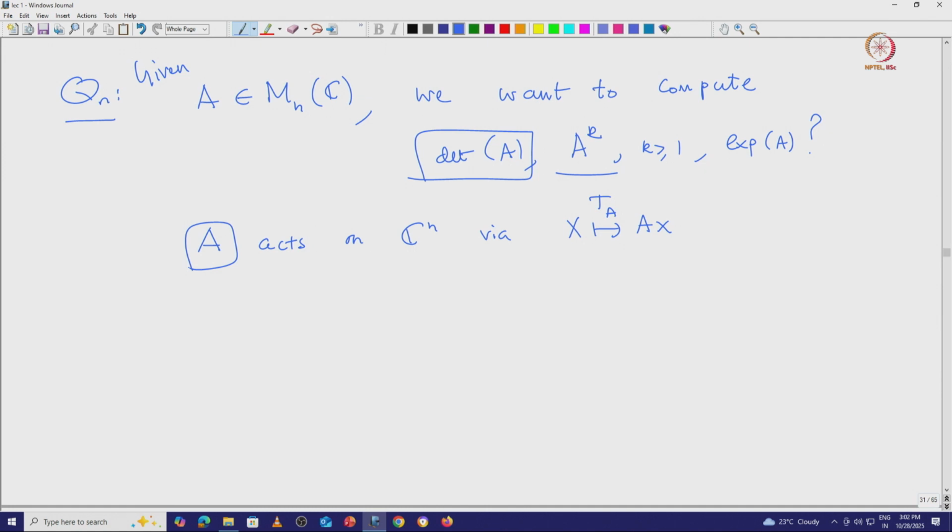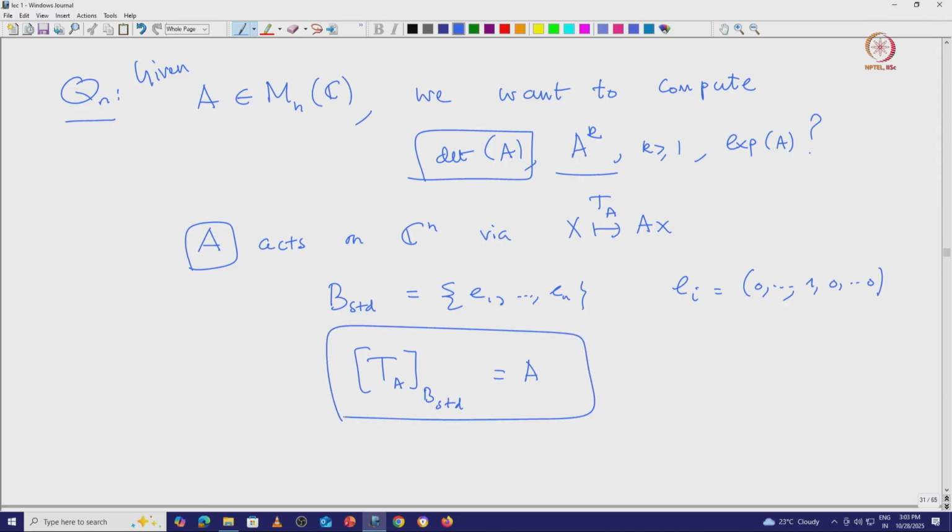What I mean by that: if we take the usual standard basis e_1, ..., e_n, where e_i stands for the i-th coordinate vector, then the matrix of this linear transformation T_A with respect to this standard basis is nothing but capital A. This is very easy to verify.